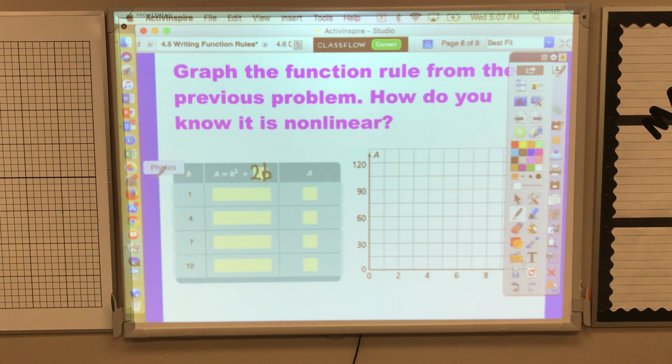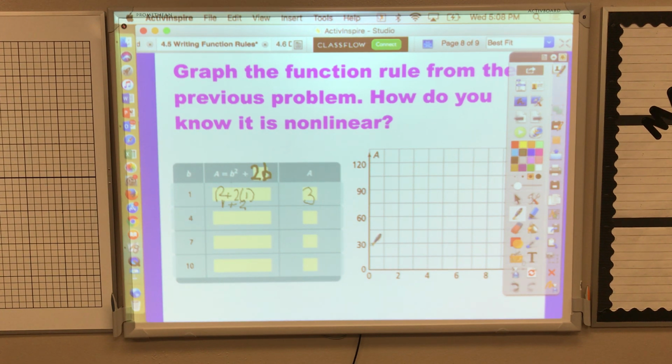So area equals 1 squared plus 2 times 1. Remember you should show your work in there. 1 squared is 1, 2 times 1 is 2, and 1 plus 2 is 3. So for my graph, my first ordered pair is at 1, 3.